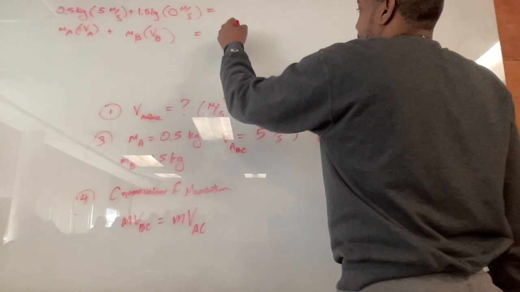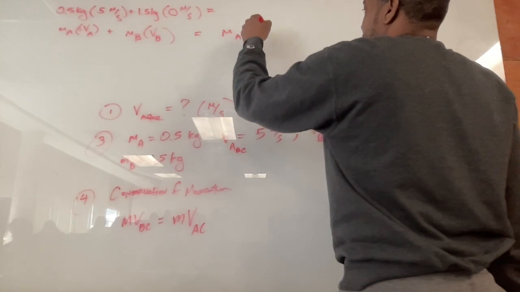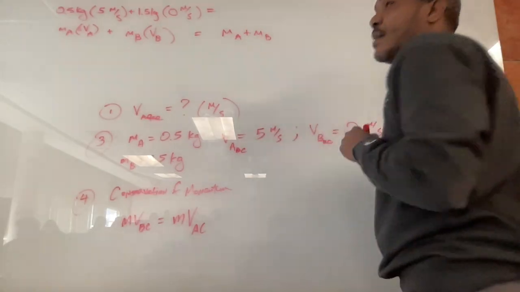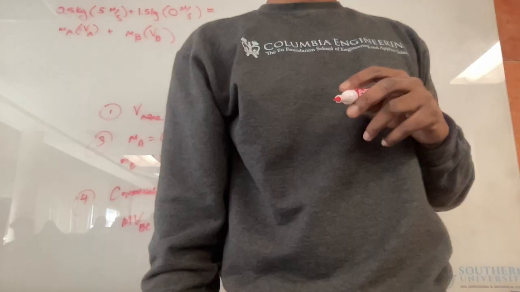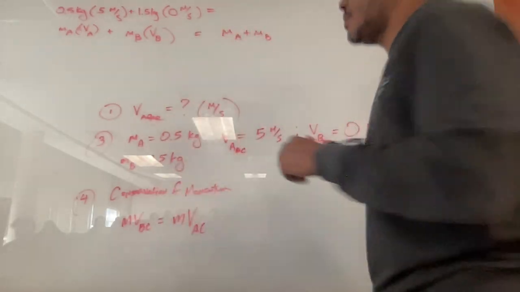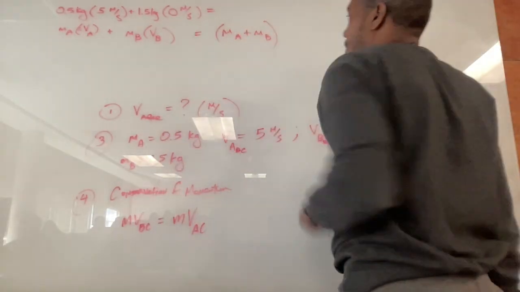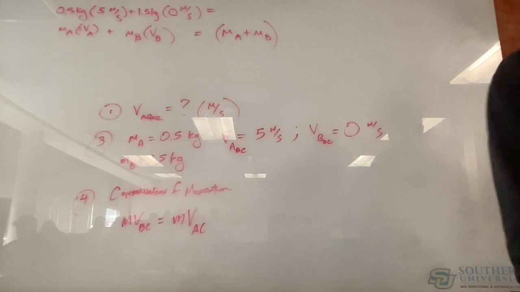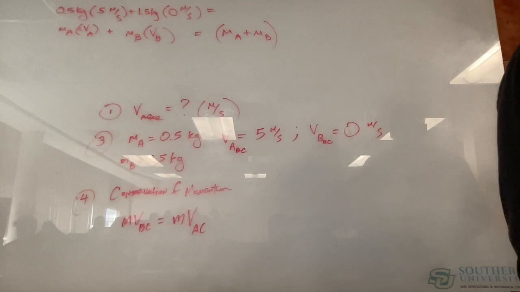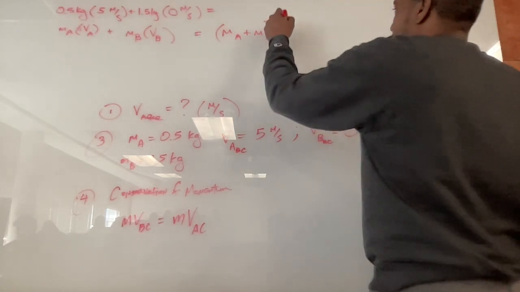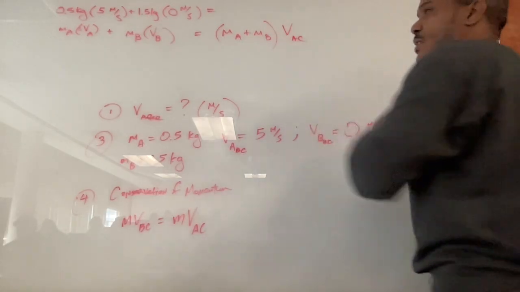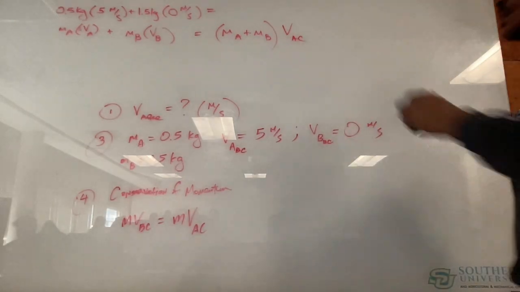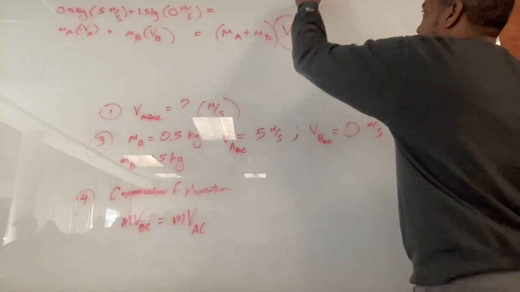Mass A plus mass B together, right? Because they did what after the collision? Stuck together. They stuck together after the collision. Times what? V, and this is going to be after collision, which is what we're looking for.